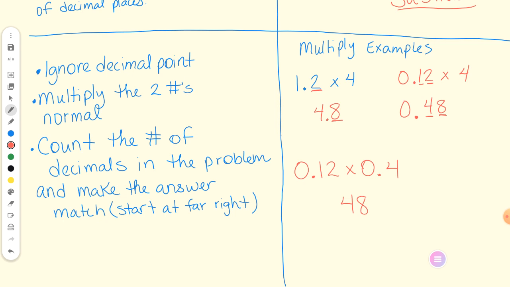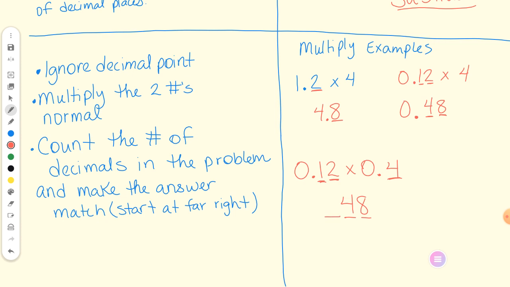Count the number of decimal places in the whole problem, okay? So I always start on the left number. I have 1, 2 in that number, but I have a third one over here. So I have 1, 2, 3 decimal places in the problem. So how many do I need in my answer? 3. Where do I start? The far right. So I need 1, 2, 3.